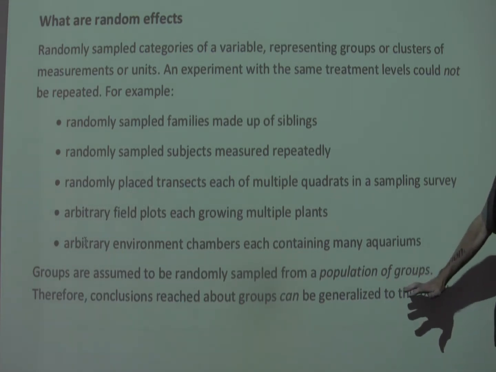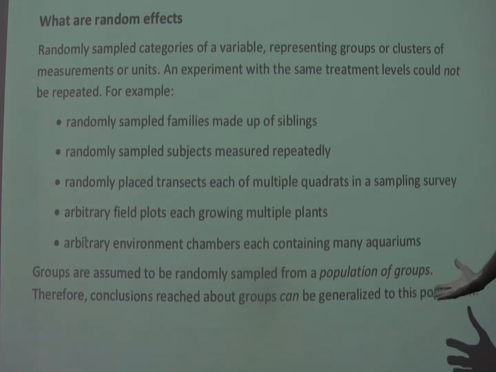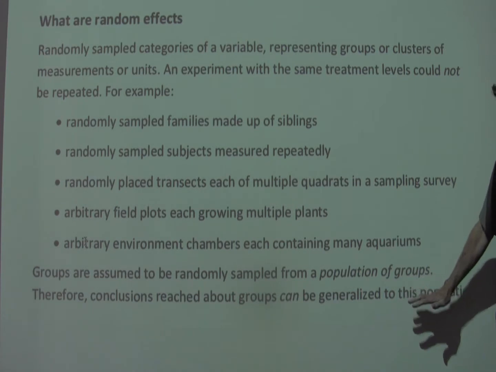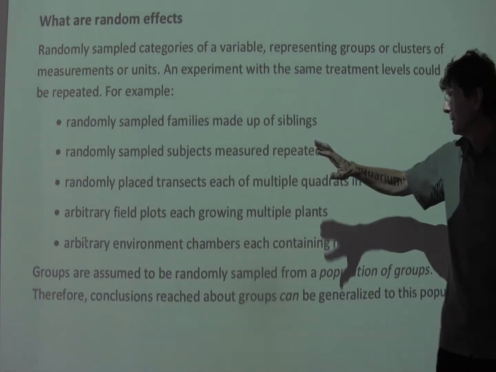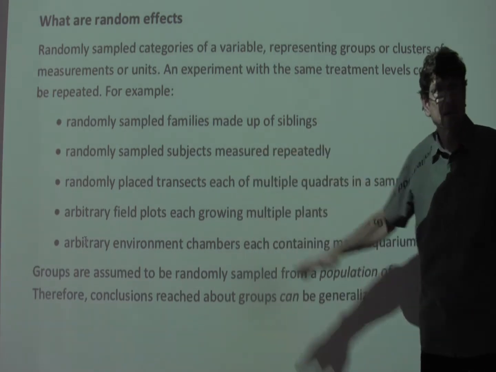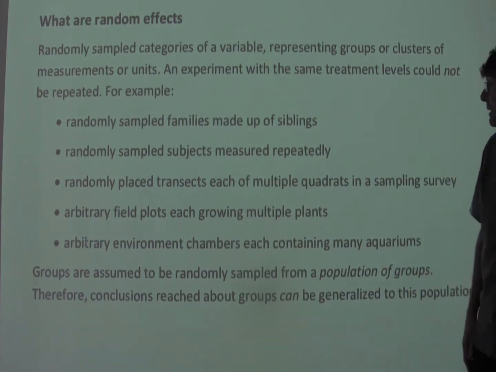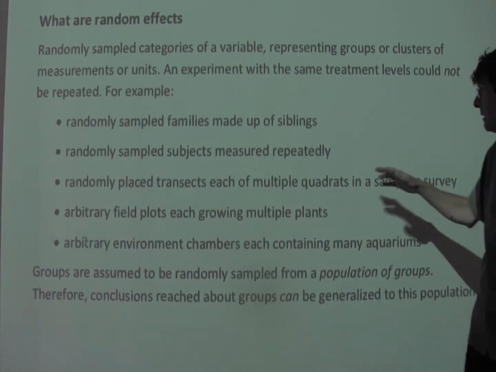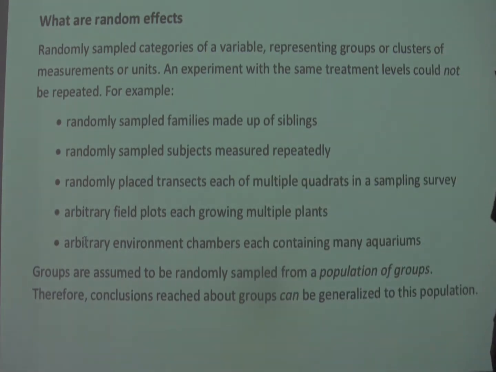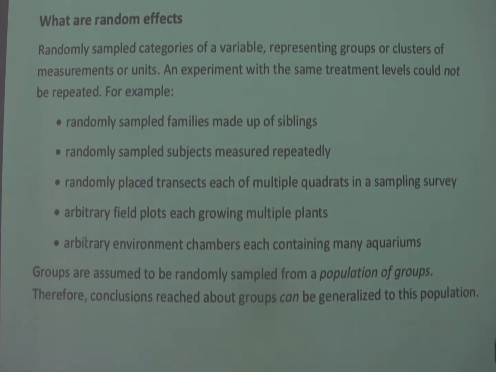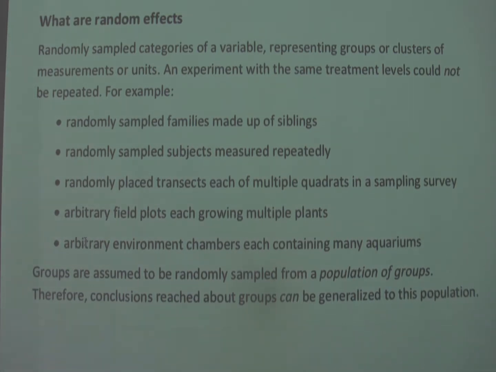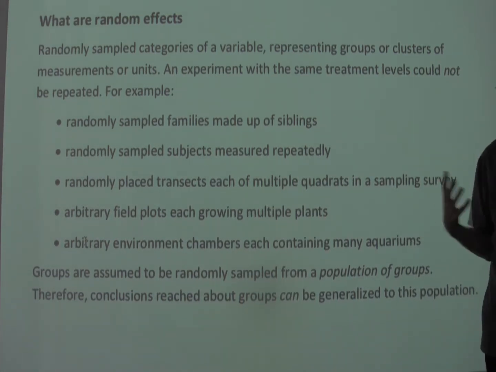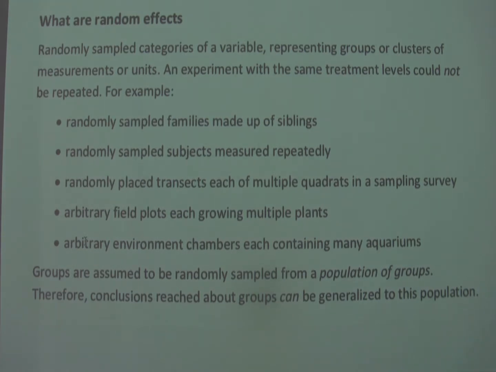And the idea behind random effects, and certainly the way that they'll be modeled, is that the measurements come in groups. Siblings come in families. Repeated measurements made on the same subject are grouped by subject, and so on. Quadrats are grouped by the transects in which they were placed, and so on. Those groups are treated as though they were randomly sampled from a population of groups that you might have sampled but didn't.